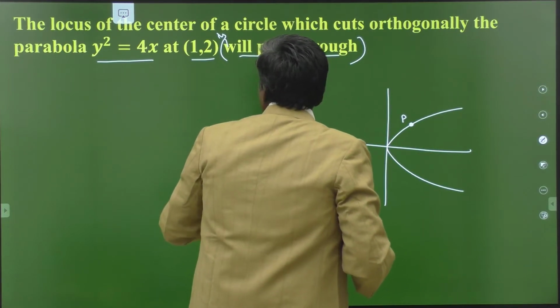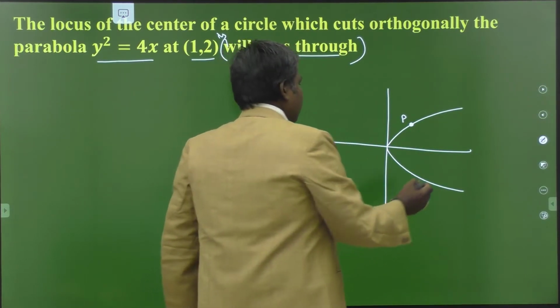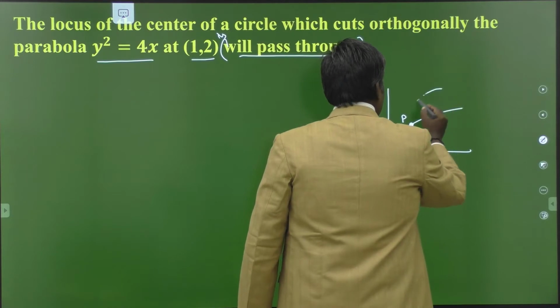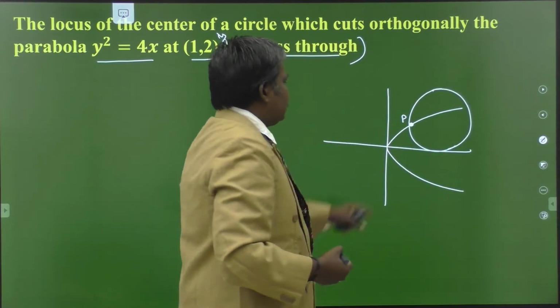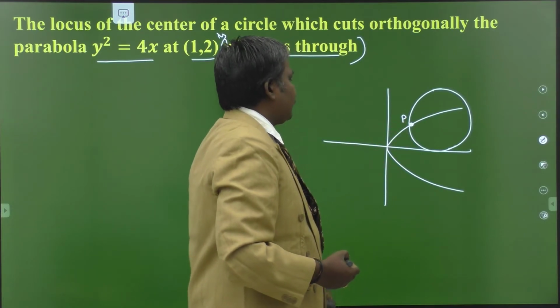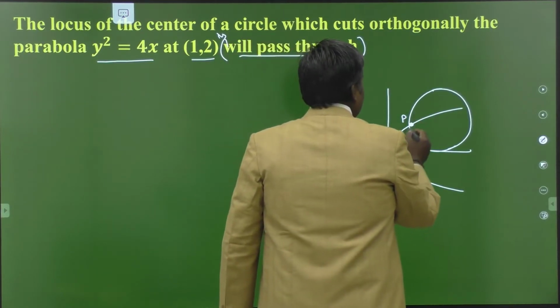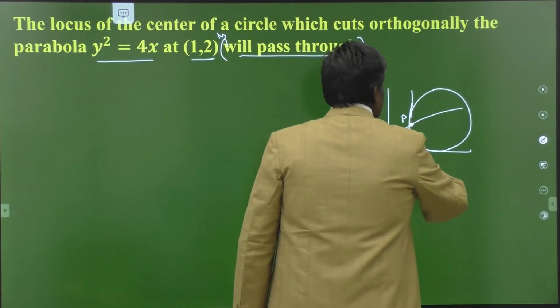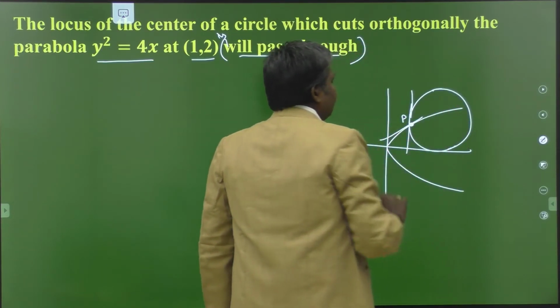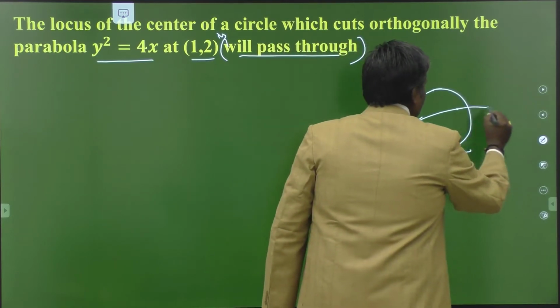So we have to find out the locus of the center of the circle. This is the circle. Rough diagram. This is the circle, it cuts the parabola at P and makes an angle of 90 degrees. That means if you draw tangents at these points of intersection, if this is one point of intersection, this is also another point of intersection.